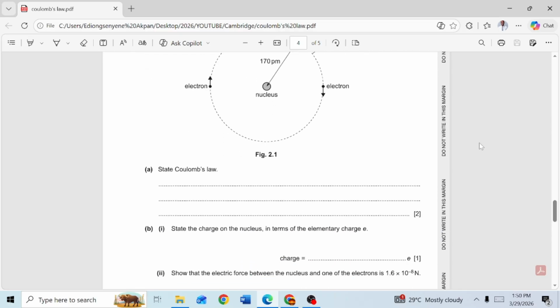State Coulomb's law. Coulomb's law states that the force between two charges is proportional to the product of their magnitude and inversely proportional to the square of their separation.